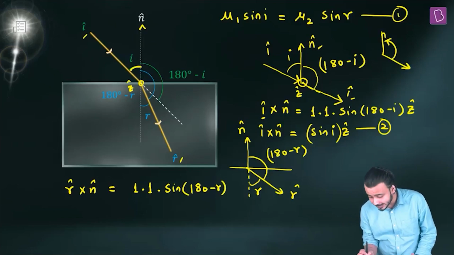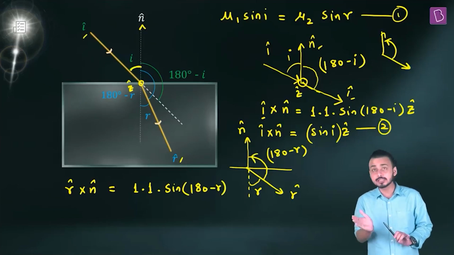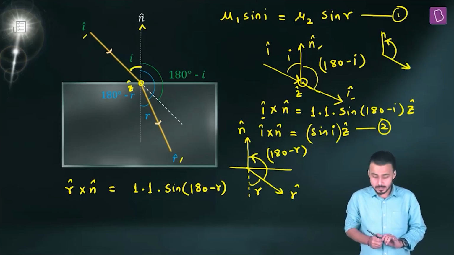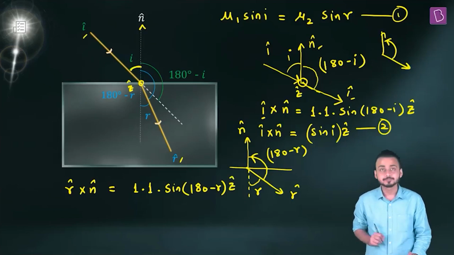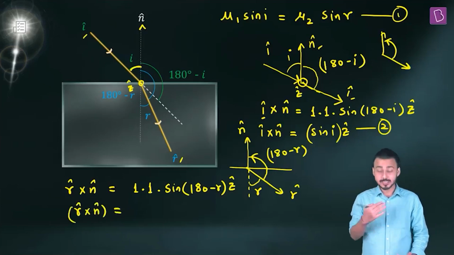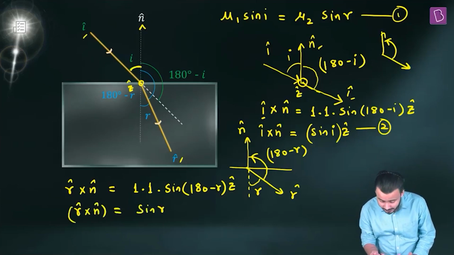If you curl the fingers of the right hand from R cap towards N cap, your thumb will point upwards again, so it's Z cap. Correct? So R cap cross N cap is equal to, please understand this, sine r times Z cap.